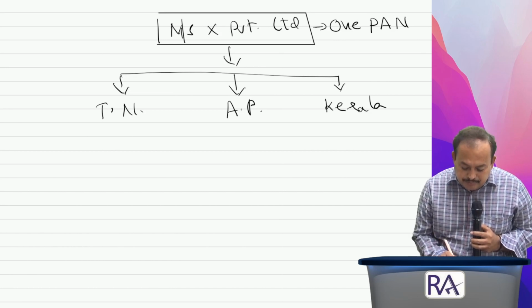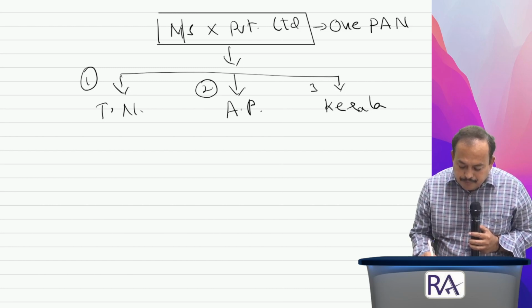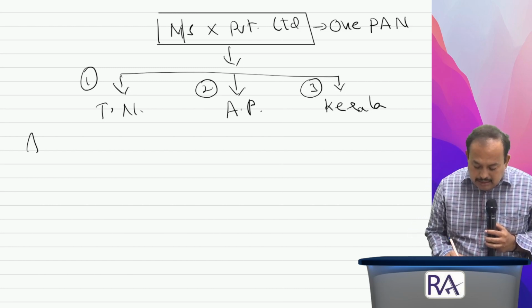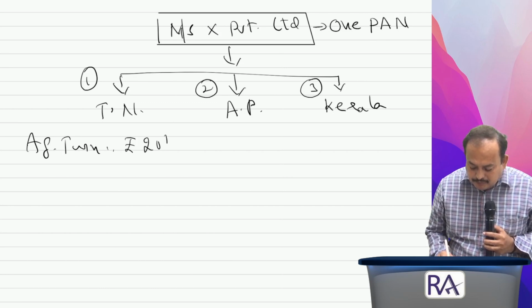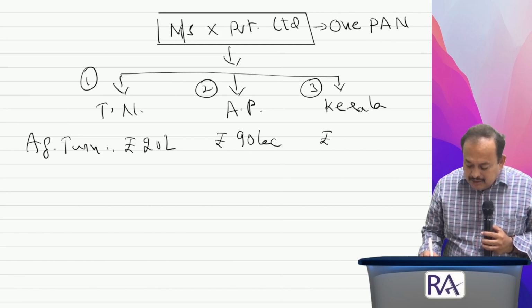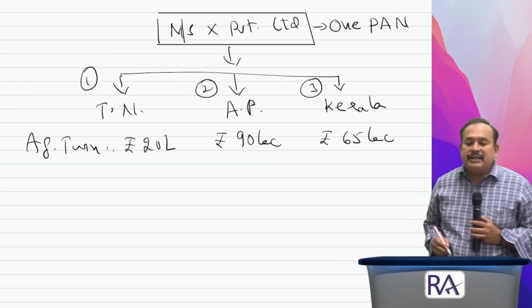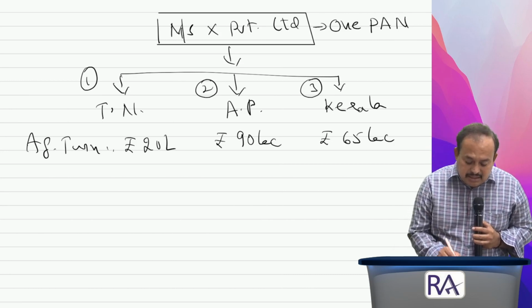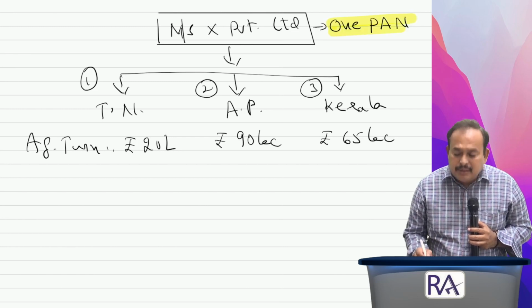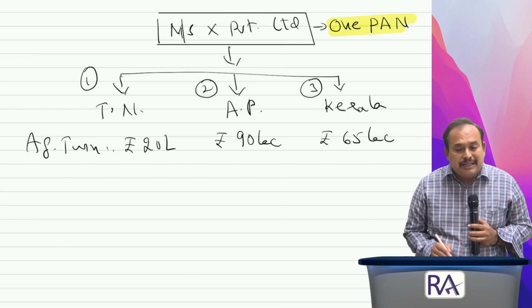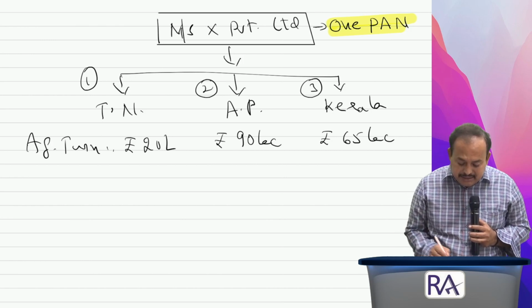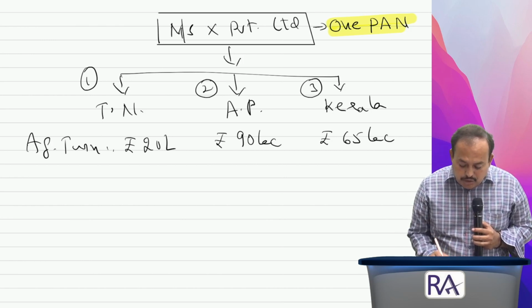Here unit 1, unit 2, unit 3. So aggregate turnover in the preceding financial year: here 20 lakh, here 90 lakh, here 65 lakhs. If so, my dear friends, since it is one PAN holder with multiple registrations in multiple states, in that case the entire turnover should be clubbed together.